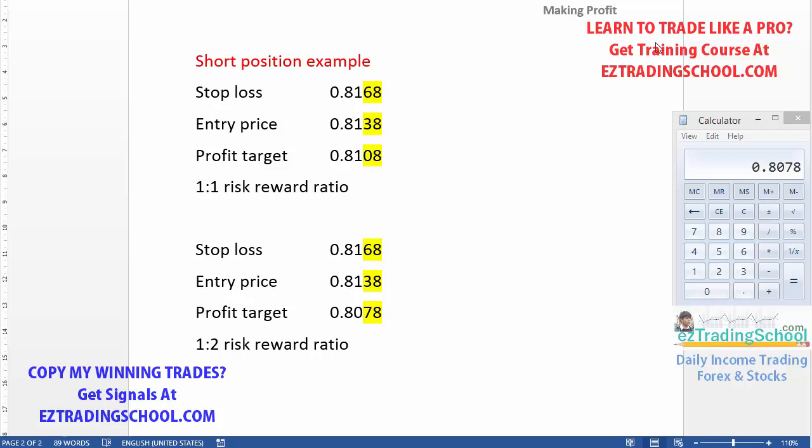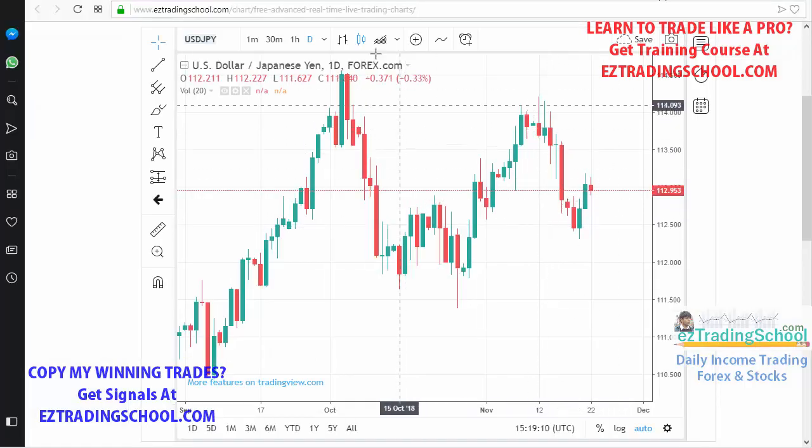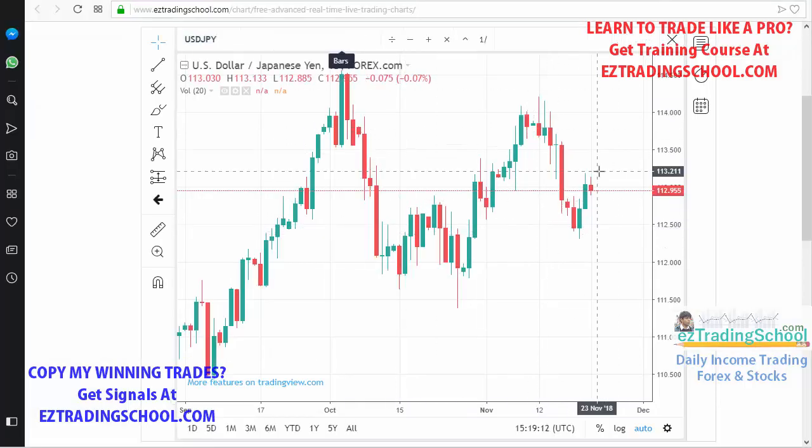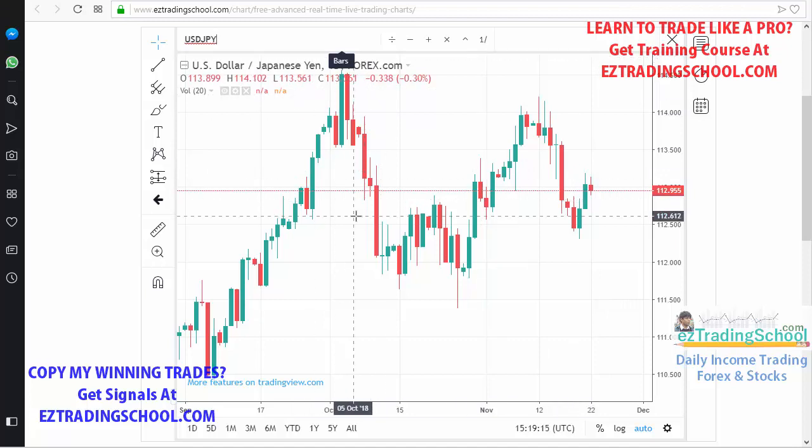If you do not have a stop loss, it's possible that you don't close the trade because it didn't go towards your target profit, and then you can lose a lot of money, which is not very good, because when the currency goes considerably in the opposite direction, it's very unlikely that it's going to return to the same spot. I will show you a chart and what I mean by that. So this is a chart, and I will change this to a bar chart because it's easier to understand.